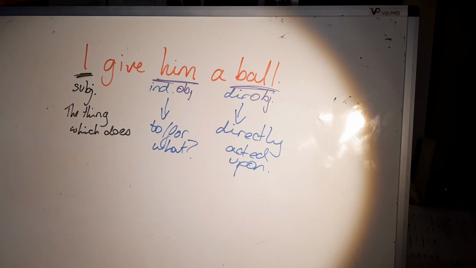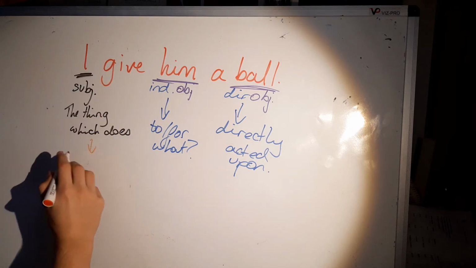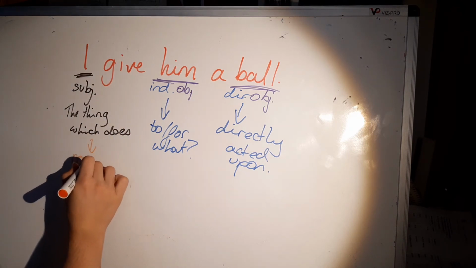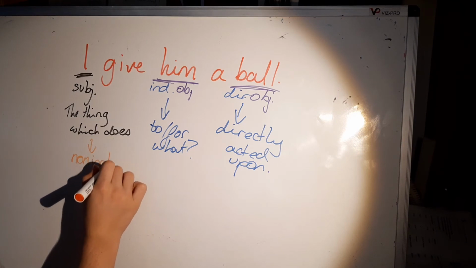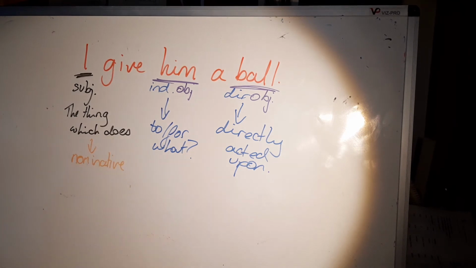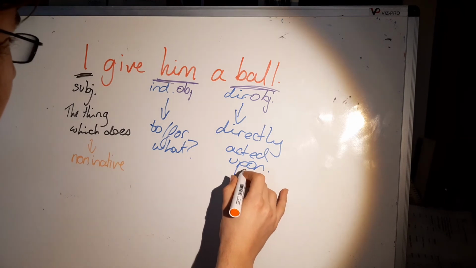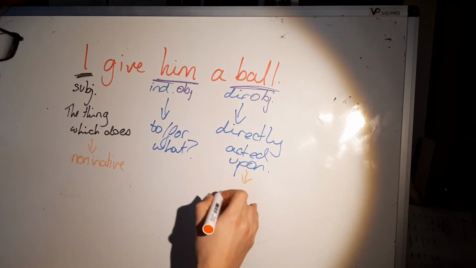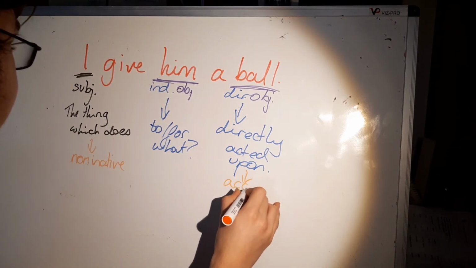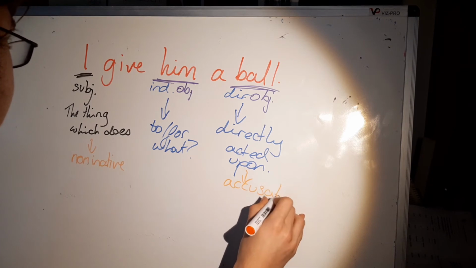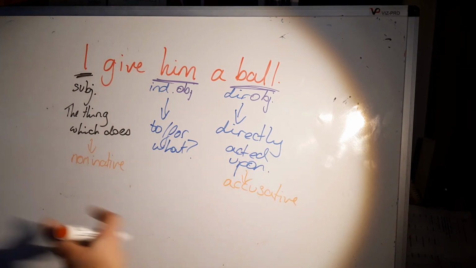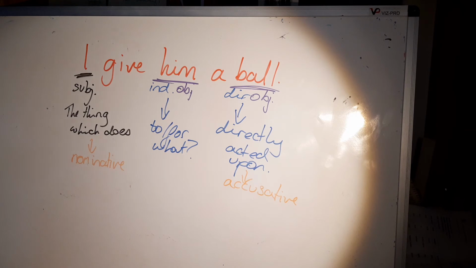But just so you know, some really quick definitions, some speedy definitions. The I in German, now that's going to take the nominative. The nominative is always used for the subject. Always. The direct object, that takes the accusative, because it is directly being accused. It's pointed at almost. It's directly acted upon.